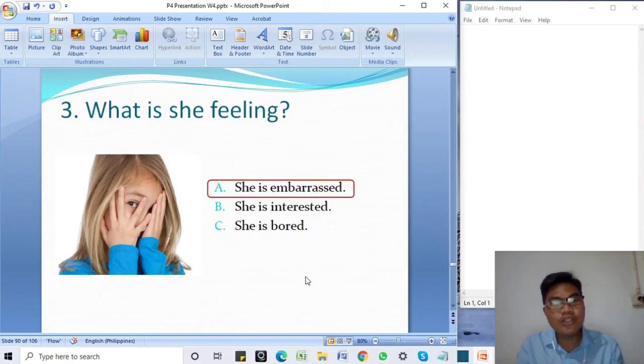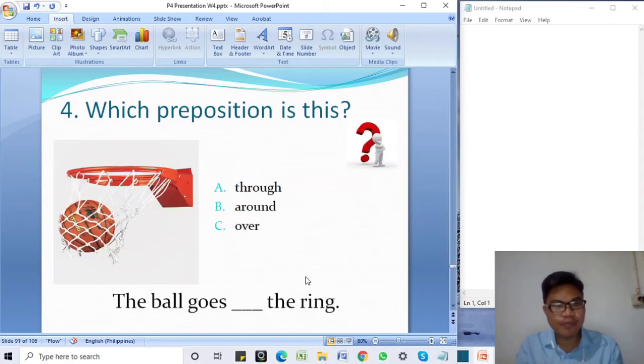Now let's move on to the fourth question. Which preposition is this? There is a ball and the basketball ring. The sentence goes like this: the ball goes blank the ring. What do you think is the correct preposition? Is it A? The ball goes through the ring. Is it B?